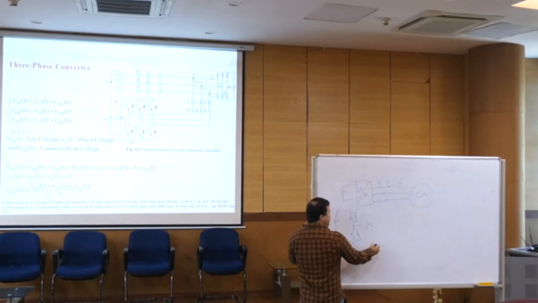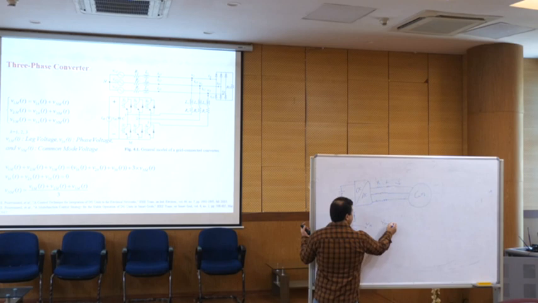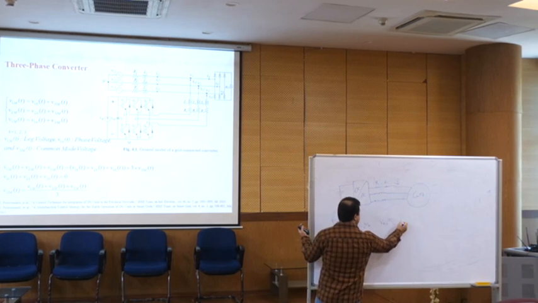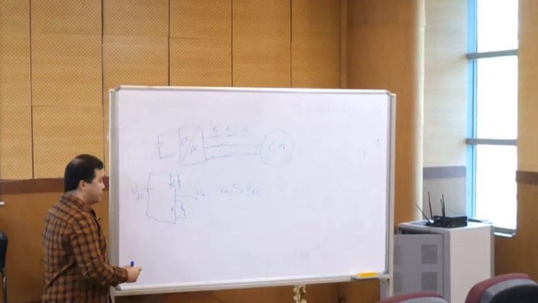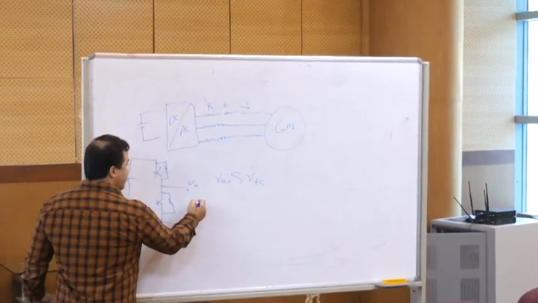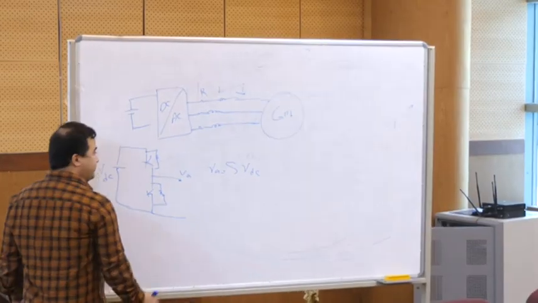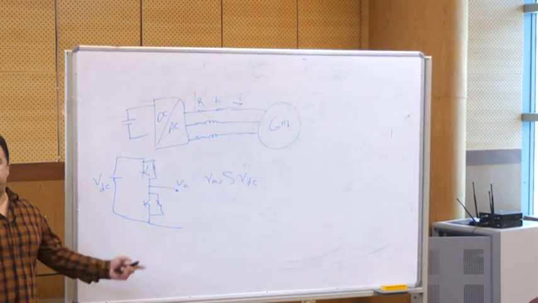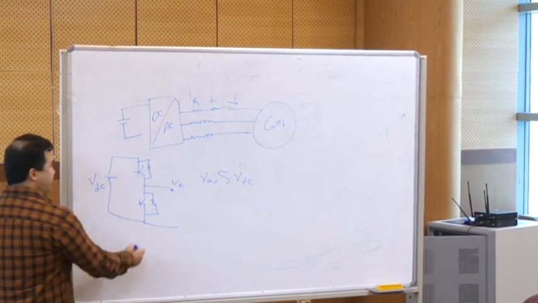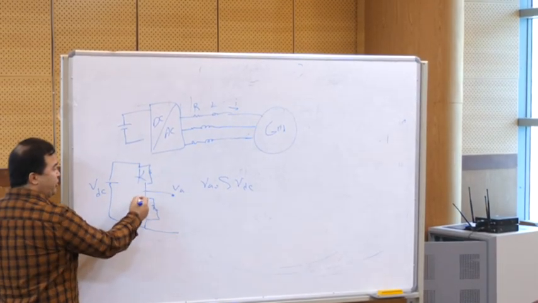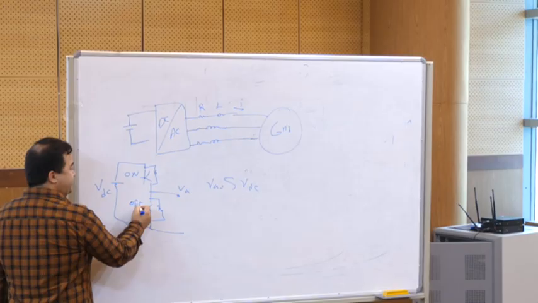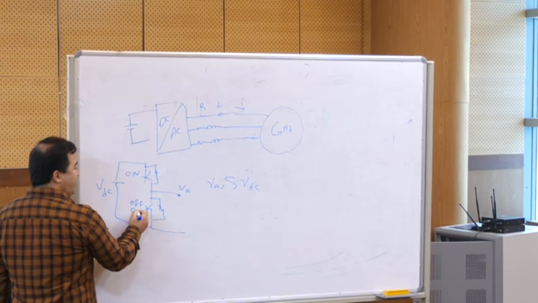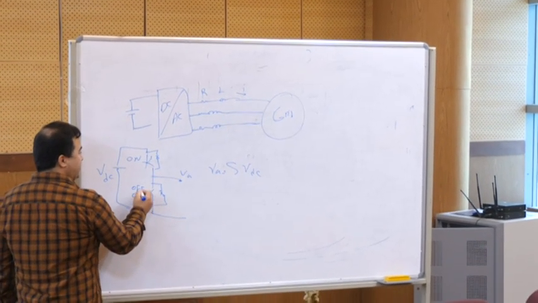VA is S1 VDC. What is the meaning of this? For example, in this leg, the transistors are complementary. When this one is on, this one is off, or when this one is off, this one is on.